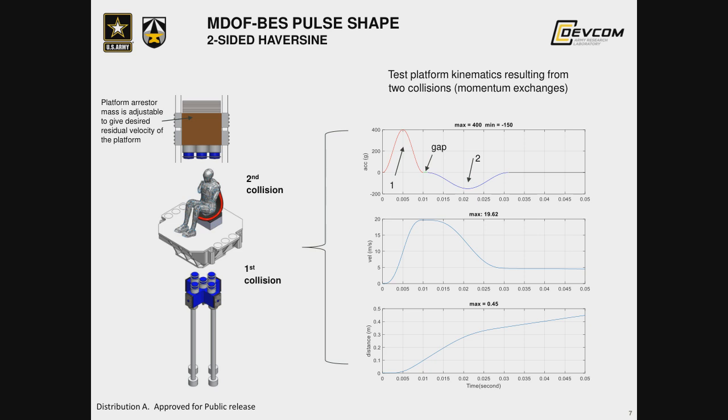At right, we have acceleration, velocity, and displacement for the test platform. The initial waveform in red represents the motion occurring during the interaction between the bullet and the test platform. There's some separation, and then the test platform interacts with the platform arrestor, producing a restoring pulse.